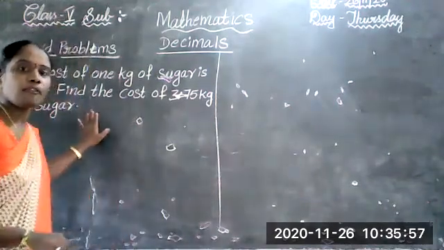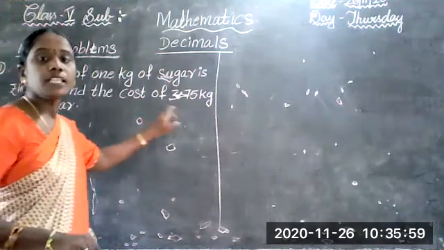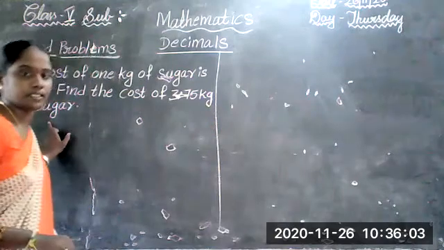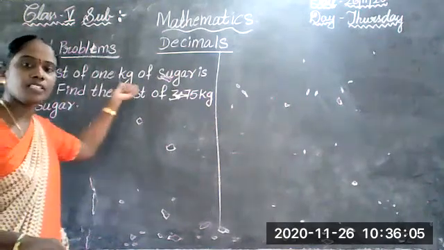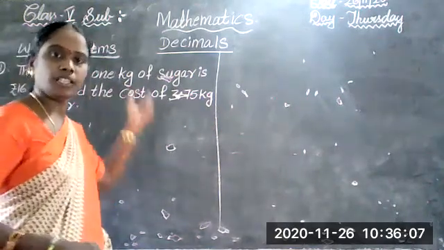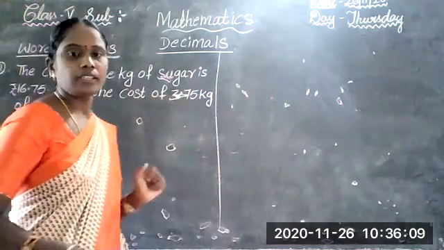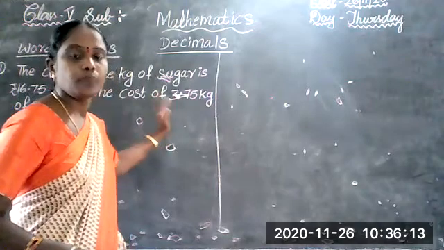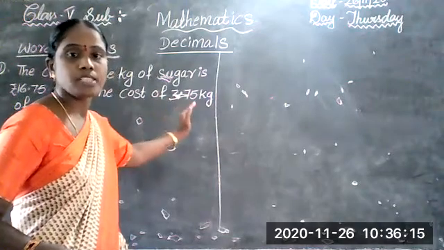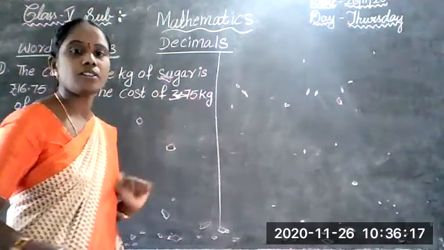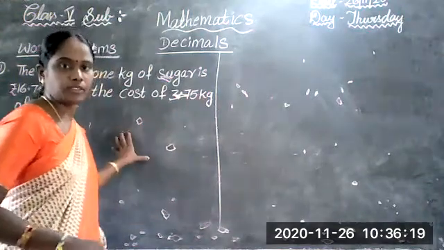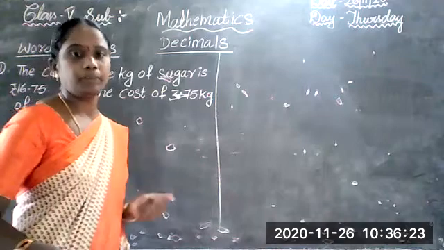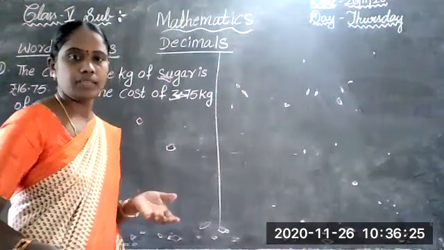So find the cost of 3.75 kgs of sugar. 1 kg cost is given. Here we have to find out the cost of 3.75 kgs of sugar. How can we find out, children? With multiplication.